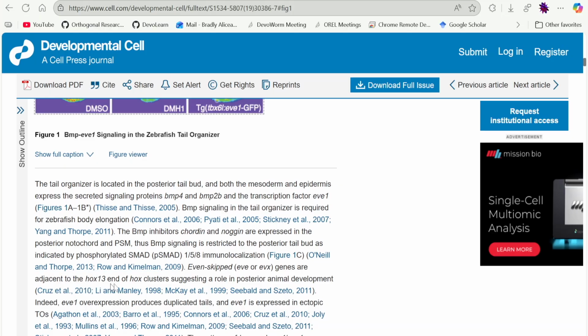These are adjacent to the HOX13 end of the HOX clusters, suggesting a role in posterior animal development. So this is the EVE and the BMP signaling working together. One is involved in setting up morphogenesis of the tail, and it's a morphogen, and then even-skipped is some sort of HOX-related gene that has a role in segmentation.